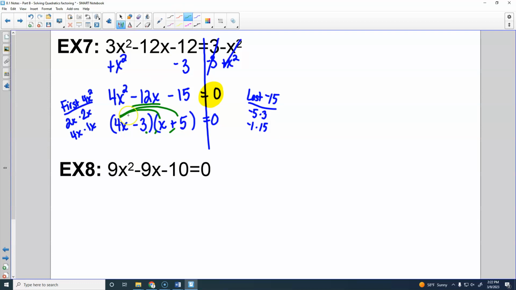So, we'll get 4x squared, then we'll get plus 20x, we'll get minus 3x minus 15. Does that work? Does not. So that one's not going to work either. So 3 and 5 does not work, at least with 4x and x. Anybody found what works yet? This one's got a lot of options.